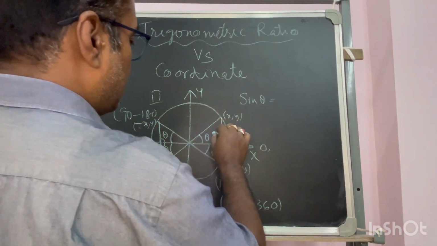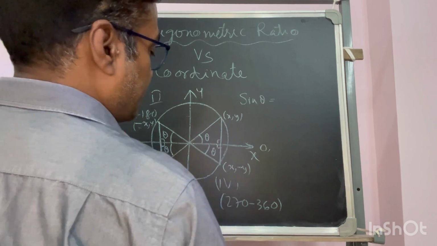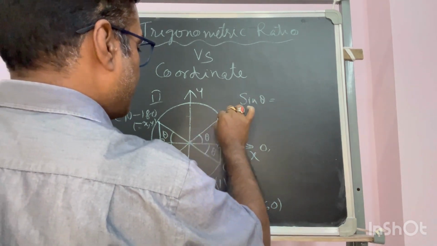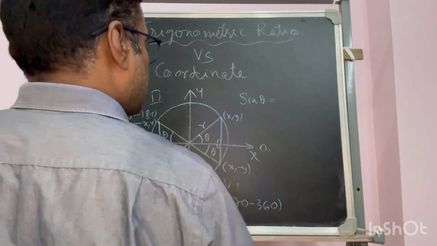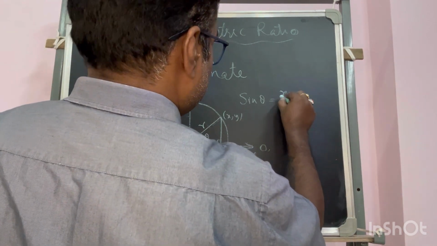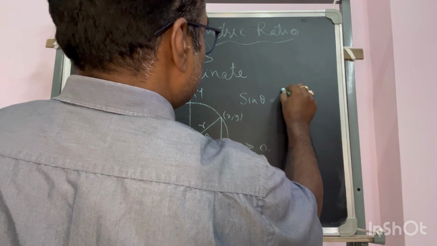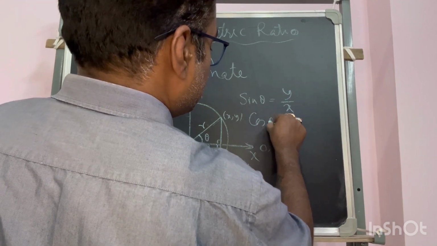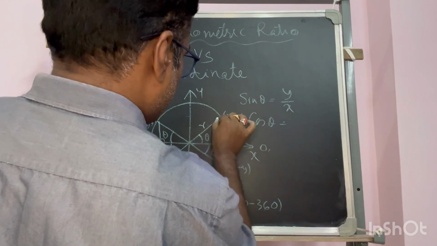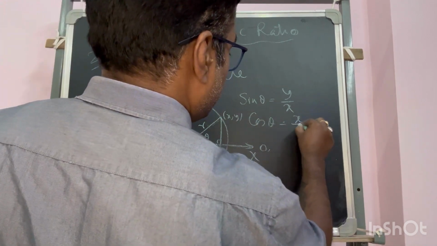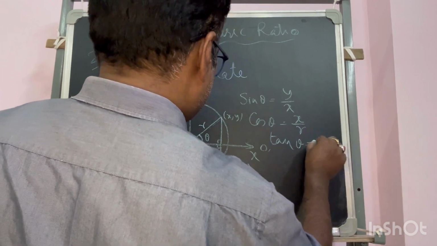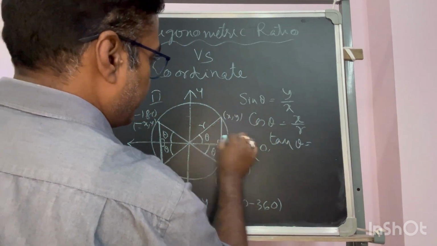So if I now calculate the sine of theta, sine is nothing but vertical by hypotenuse. I am taking radius as r, so sine is y by r. Cos of theta, if I consider, is x by r, and tan theta is equal to y by x.